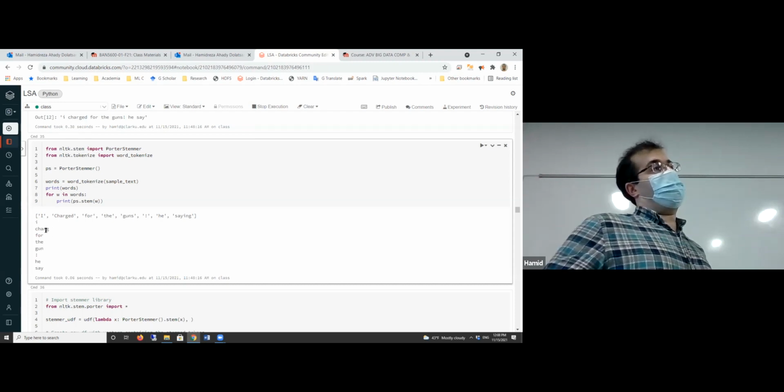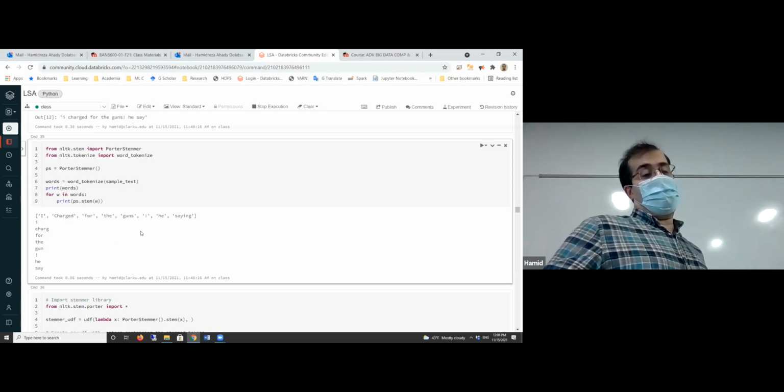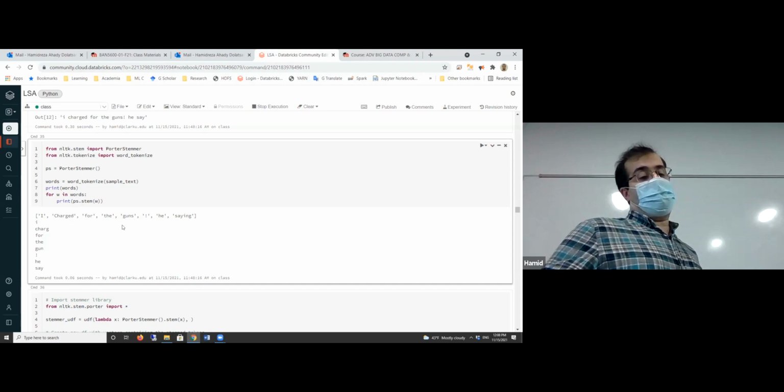You may say it's not very correct, but I'm just showing you that this approach may not give you the very correct results, but this is the best thing we have. For example, instead of guns, we have gun. Also for saying, we have its correct stem, which is say.